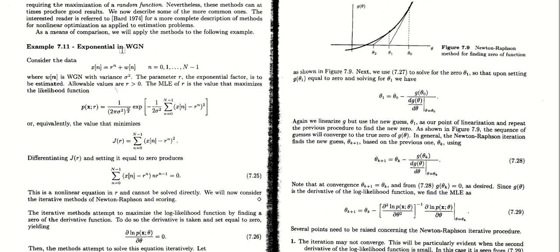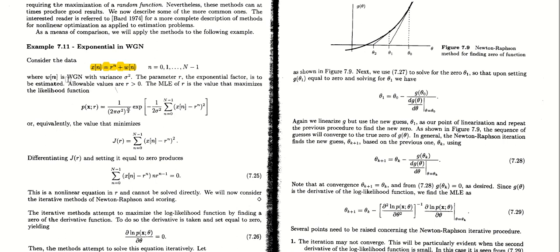Exponential in WGN. We consider the data model. This data model is different from the previous one where we had A here. And now it becomes R to the n here. So you get an increase with R, right?